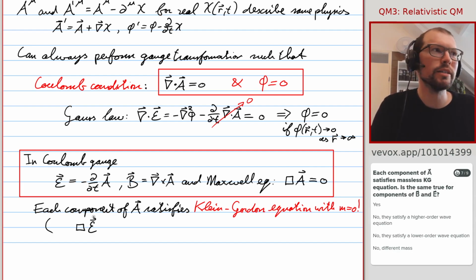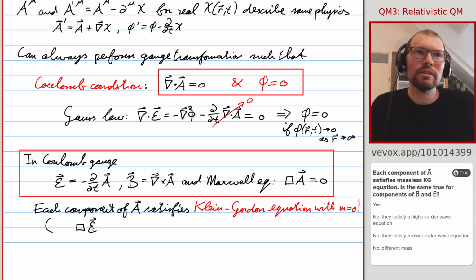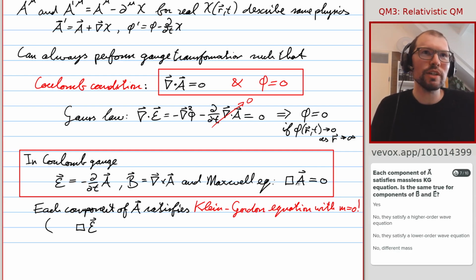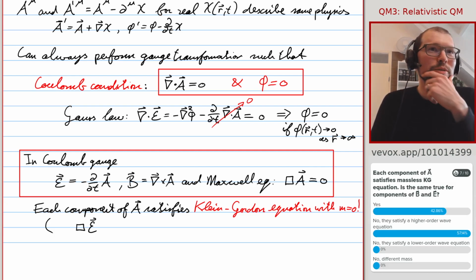So if I apply the D'Alembert to the electric field, and I know that the D'Alembert acting on the vector potential vanishes, then of course these derivatives are going to commute with each other.